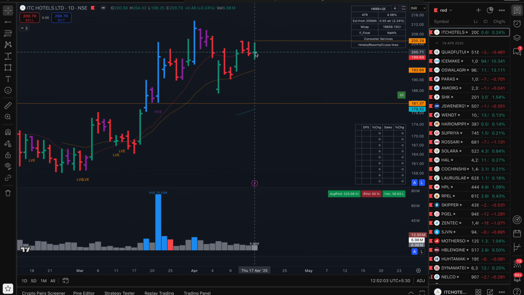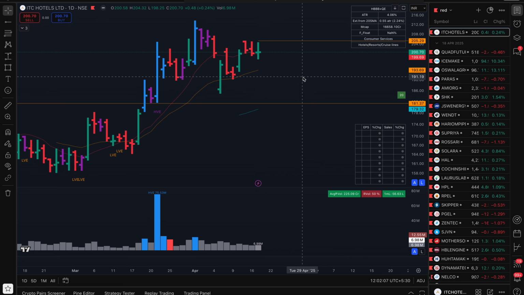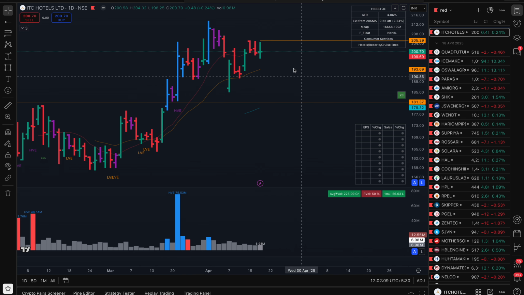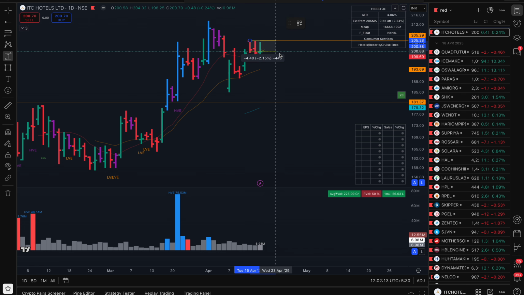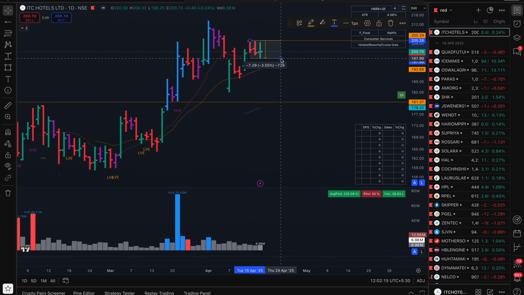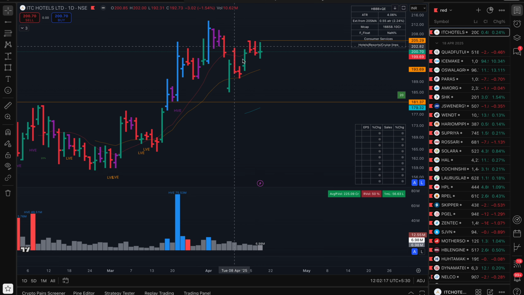So 3 days tight, although the ranges have been expanding, but I believe this is still a tight base. If you look at the last 3 days, range is around 3.5%. Total range, not a single candle range, last 3 days total range. Okay, and the ATR is 4.06, so that means Carter would be all over this name.